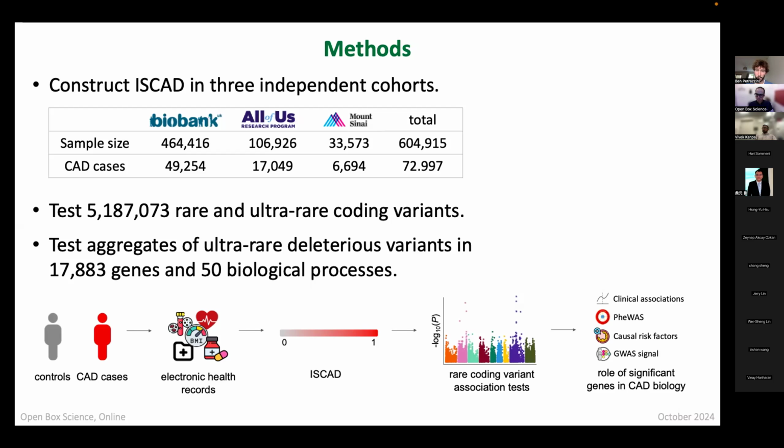We tested them. I'm referring to only the significant ones, right? So the genes that were significant in association with ISCAD, we tested them for association with clinical manifestations of CAD, such as arterial stiffness index, ejection fraction, and comorbidities, including arrhythmia and stroke, among others.